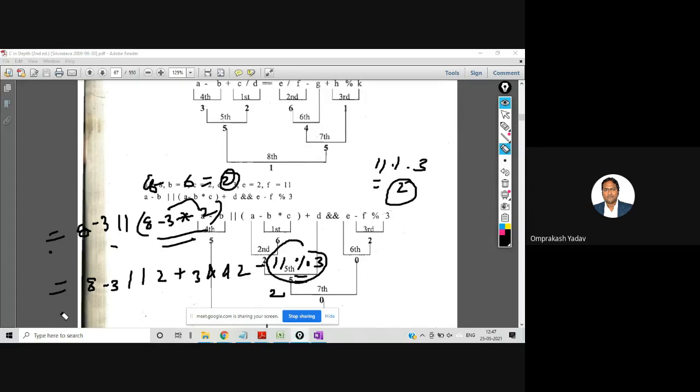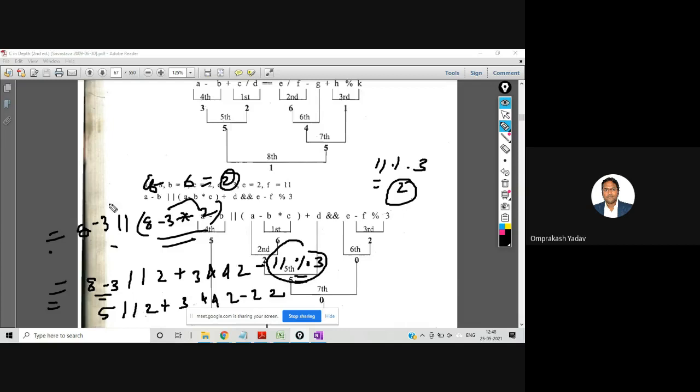Now what is remaining is the minus sign, the plus sign and the logical operators. Minus and plus we go from left to right. First we'll solve this one: 8 minus 3 is 5, then OR, 2 plus 3, and 2.